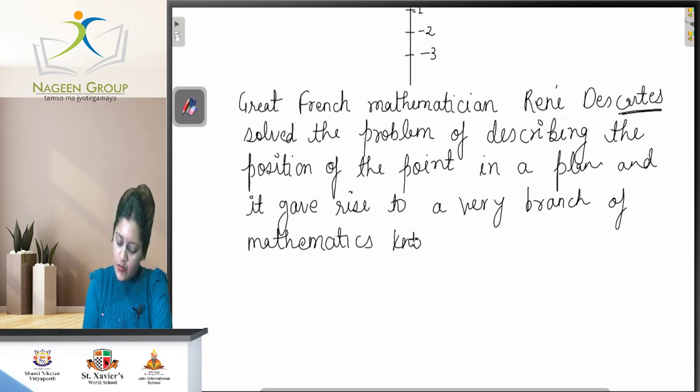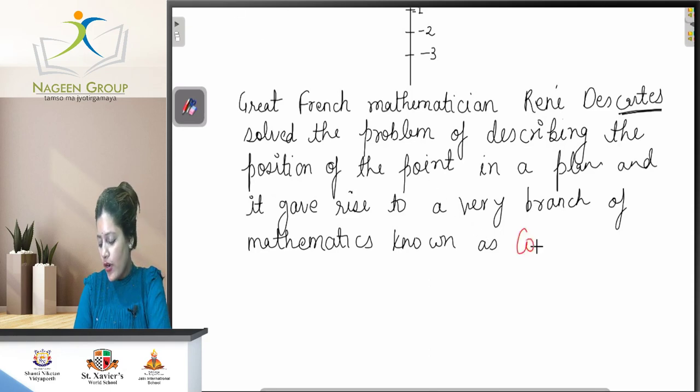What is it known as? It is coordinate geometry.